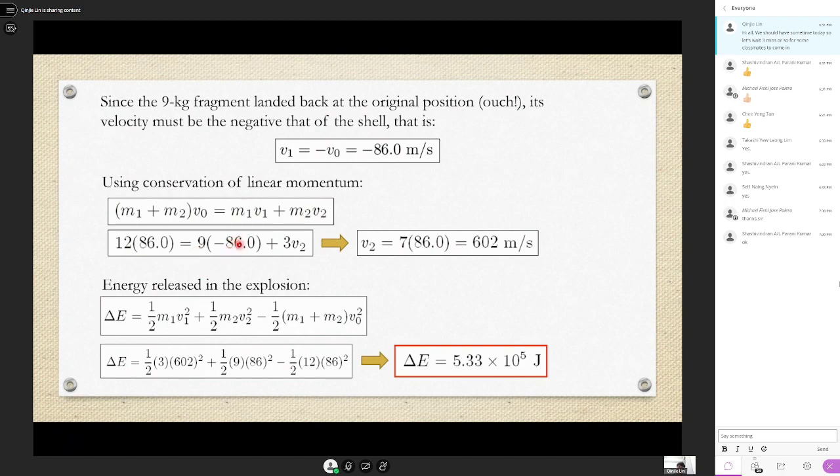We already found out that it's minus 86, that's why it's here. Then plus M2, which is 3, times V2, the velocity of fragment 2. From here we will be able to find the velocity of fragment 2. So we make use of momentum to find out the velocity of fragment 2.